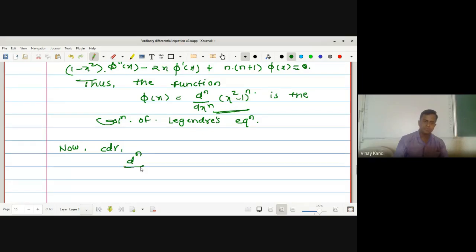Now consider d raised to n upon dx raised to n of x square minus 1 bracket raised to n.